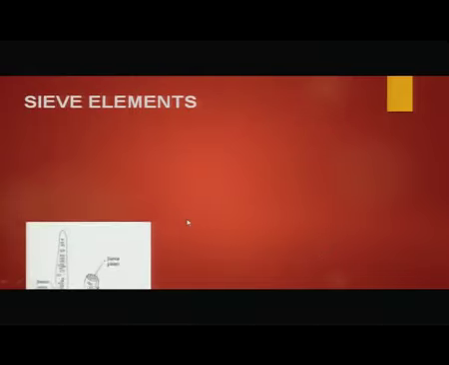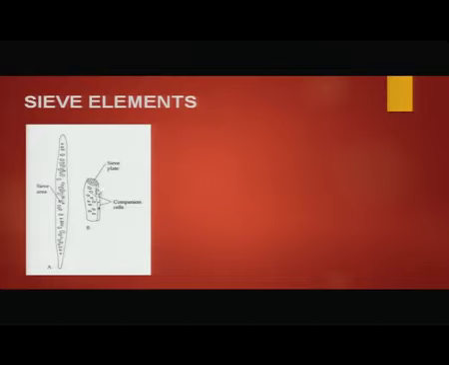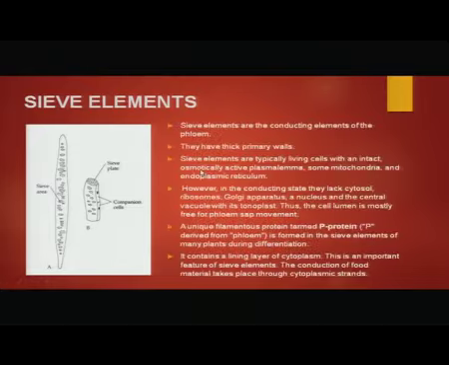Sieve elements. Now, sieve elements are of 2 types, sieve tube cells and sieve cells. Sieve elements are the conducting elements of phloem. They have thick primary walls and they are living cells with an intact osmotically active plasma lemma, some mitochondria and endoplasmic reticulum.